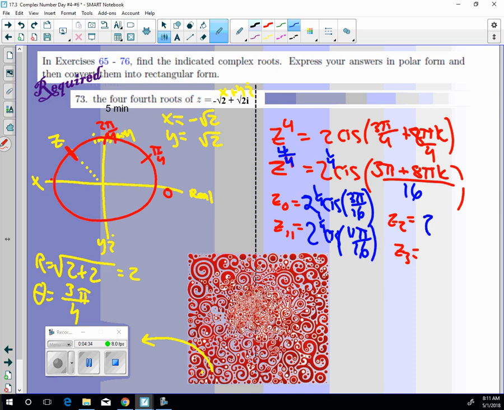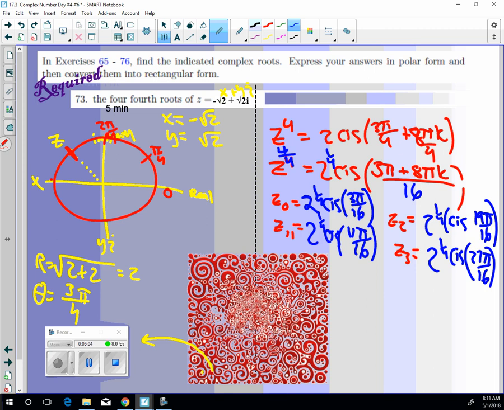And then you're going to get 2 to the 1/4 cis, now we're going to get 2 times 8 is 16, plus 3 is 19 pi over 16. And the last one is 2 to the 1/4 cis 3 times 8 is 24, 27 pi over 16. Those are the 4 roots.